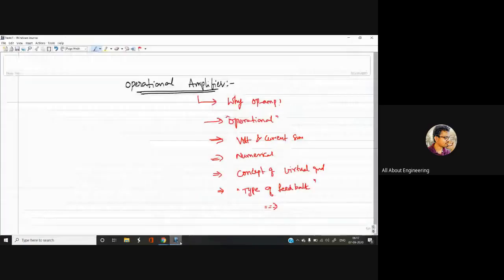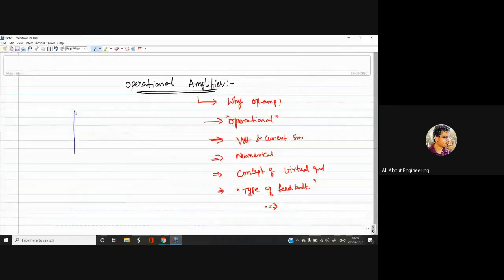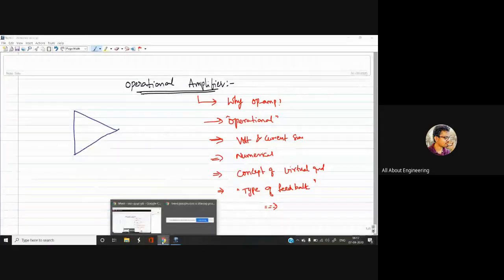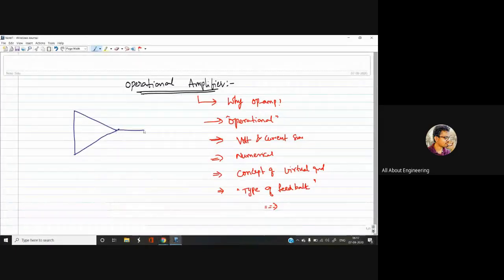Okay. Now, the basic diagram of operational amplifier, or the symbolic representation of an operational amplifier, is like this. V out, and here a positive terminal and a negative terminal, which we usually call V1 and V2.